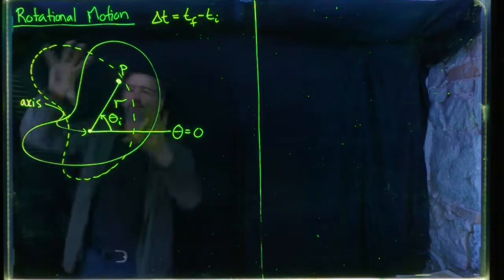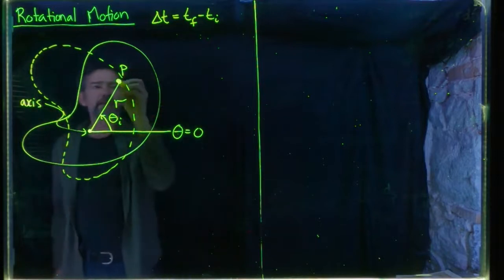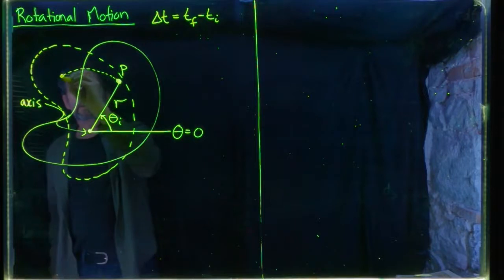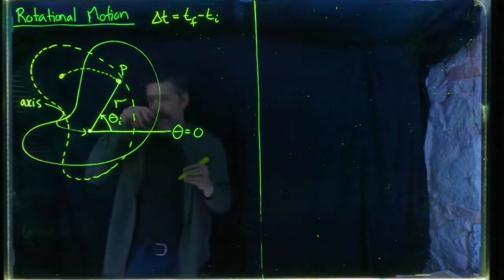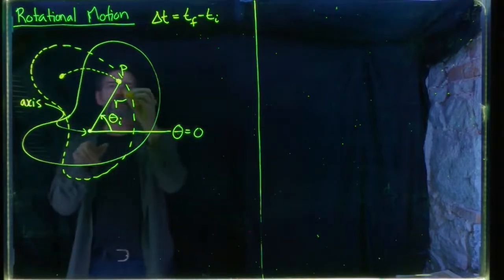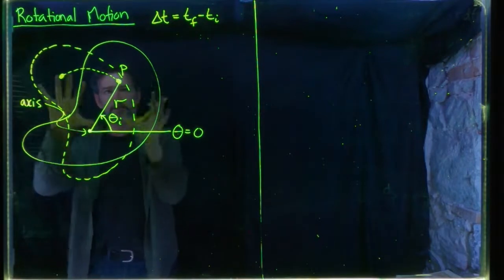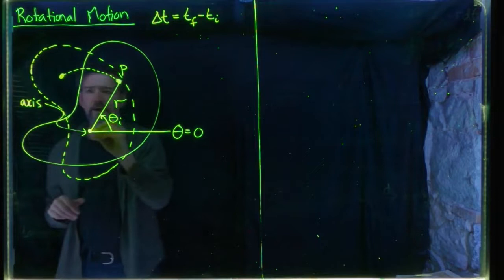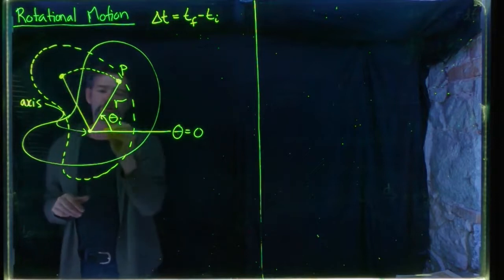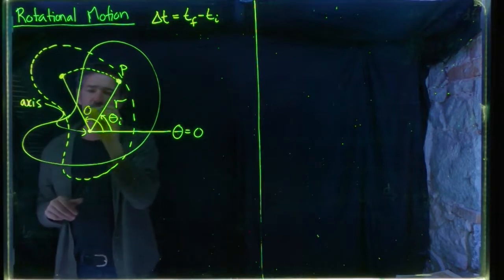So we've rotated it like this. The point P has moved through an arc of a circle to that point over there. The initial angular position of the rigid body was theta initial, and then the body rotated to a new angular position, which we'll call theta final.